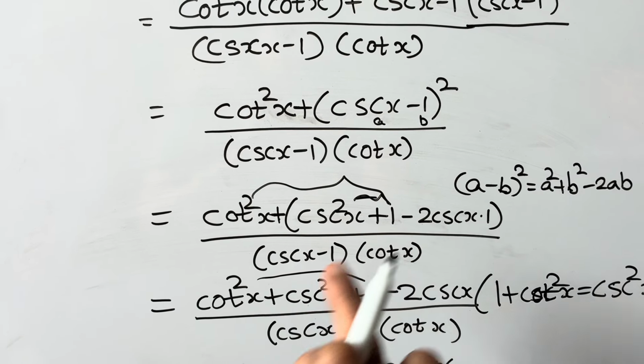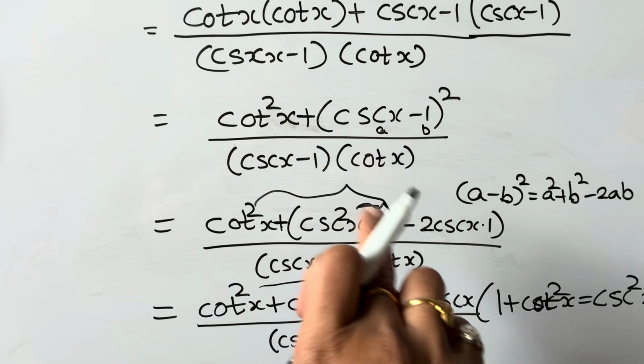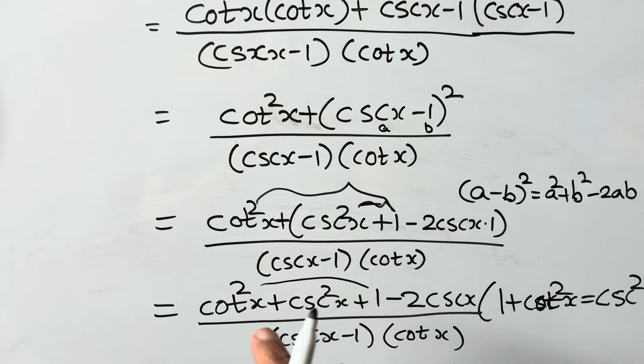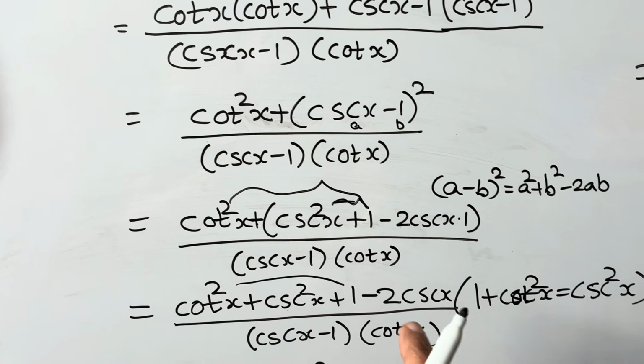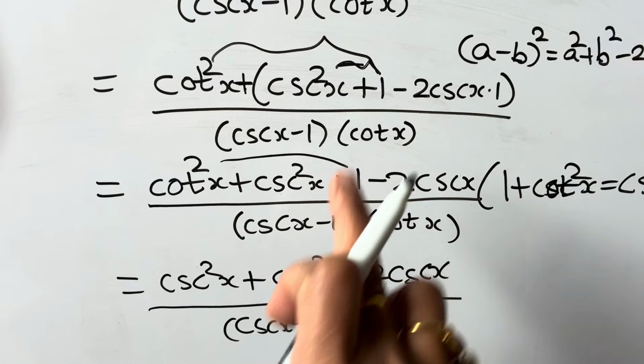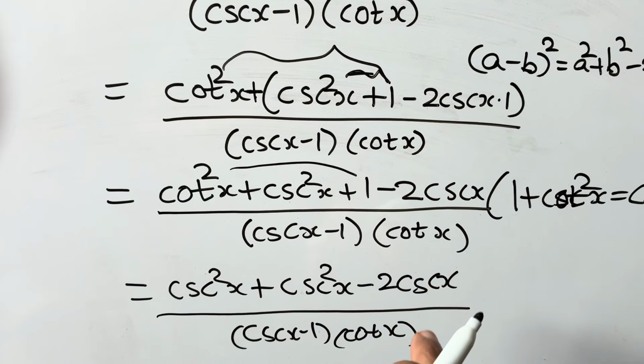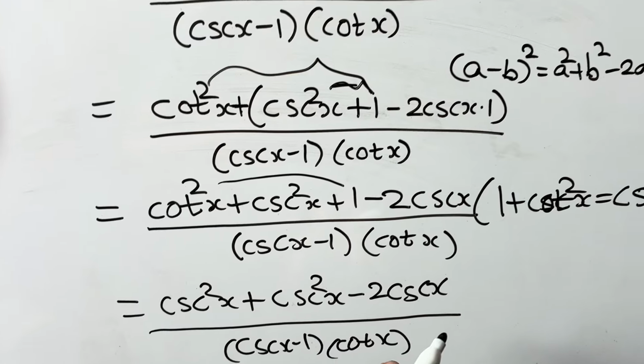And once I do that, I'm going to apply my trigonometric identity of 1 plus cot square x is nothing but cosecant square x. So here you can see it as cosecant square x, and I have one more cosecant square x. I have rewritten that, and minus 2 cosecant x over the denominator.